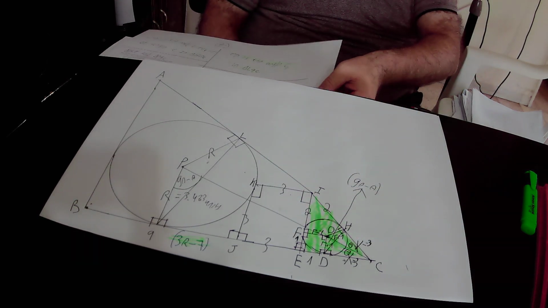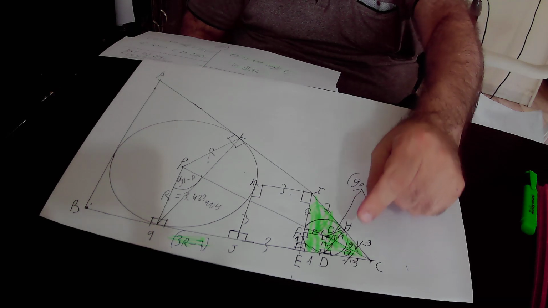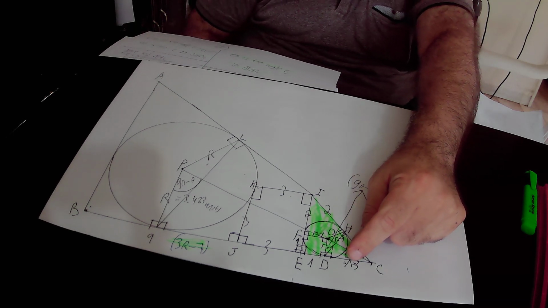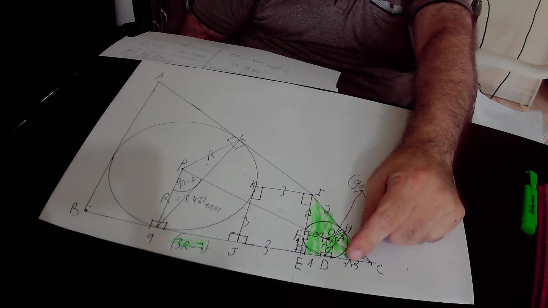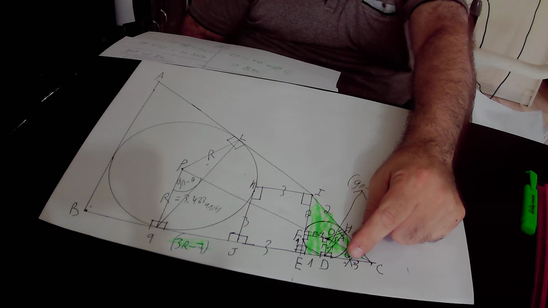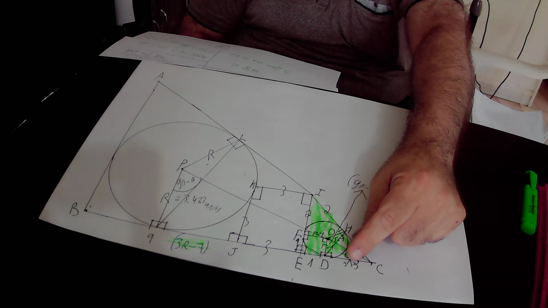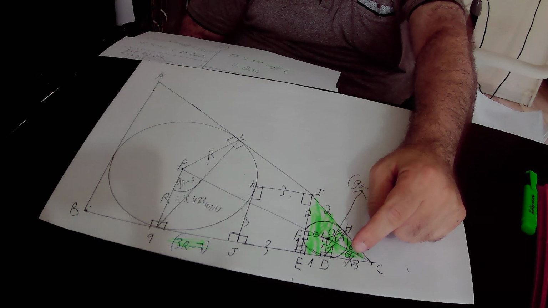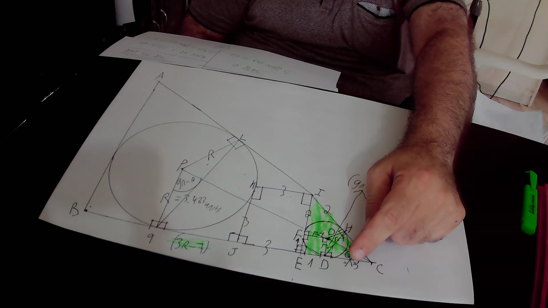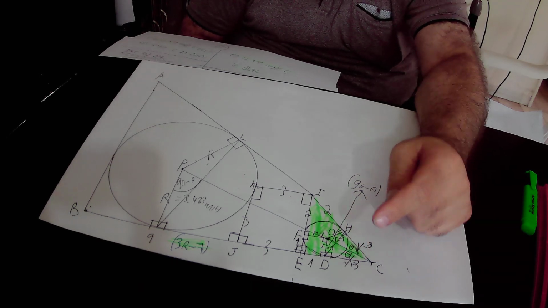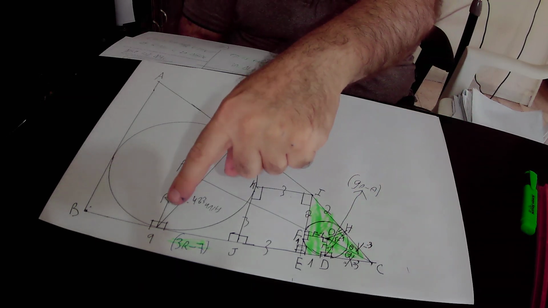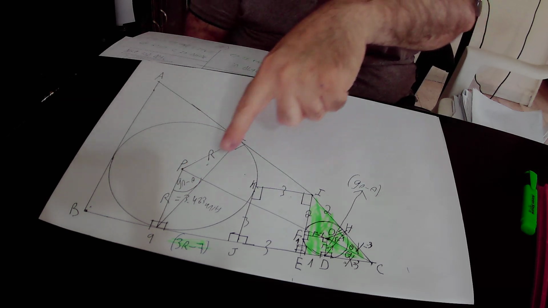And from the fact that those two triangles can go into each other, we derive that those two angles are equal to each other, according to the rule that corresponding angles in triangles that can go into each other are equal. So if one angle is theta, then the other angle must also equal theta. Then we join points L and Q together by a straight line and we create a triangle LQC.